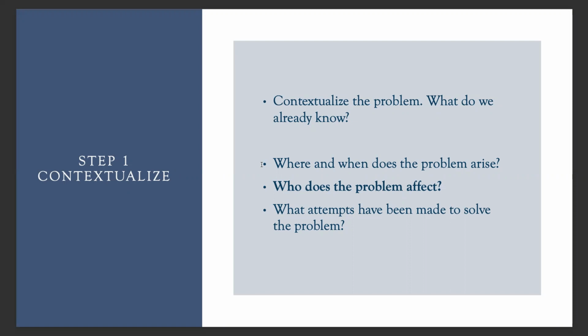Step one, for example, is to contextualize the problem. So, what do we already know on this topic? Where and when does the research problem I'm trying to state arise? What's the time period, and how do I find that in the literature?